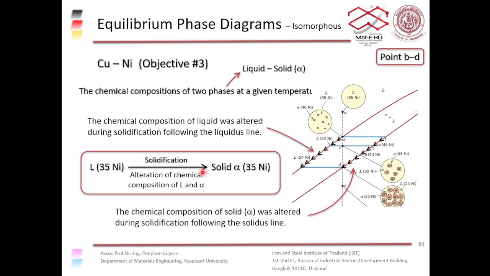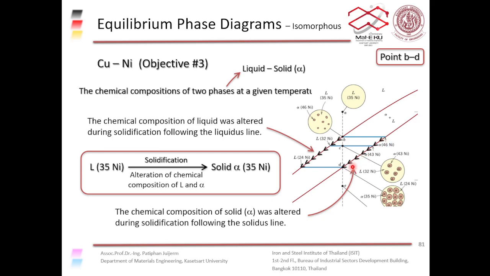Okay, another take home message that I want you to take is that the composition of the phases changes as the temperature changes, right? The composition of the liquid phase changes along the liquidus line, and the composition of the solid phase changes along the solidus line, right?